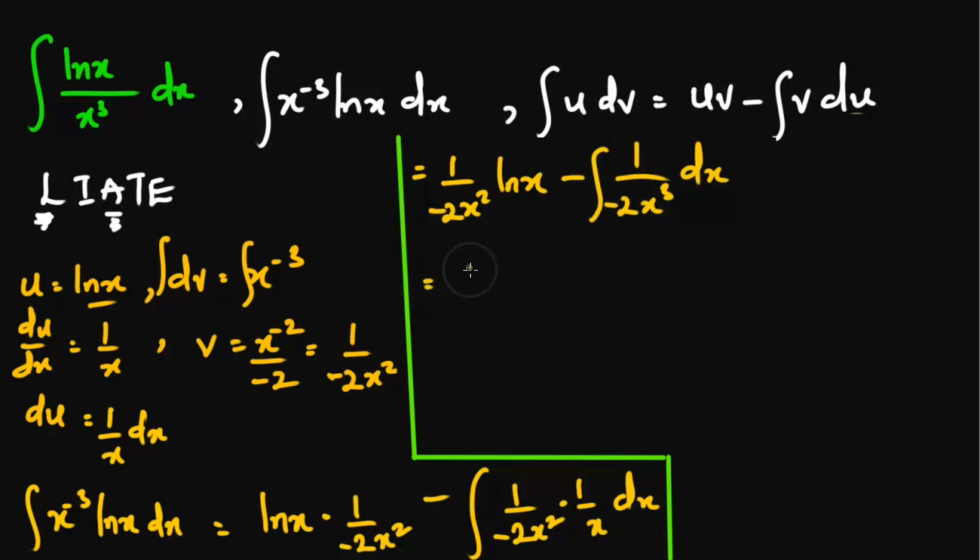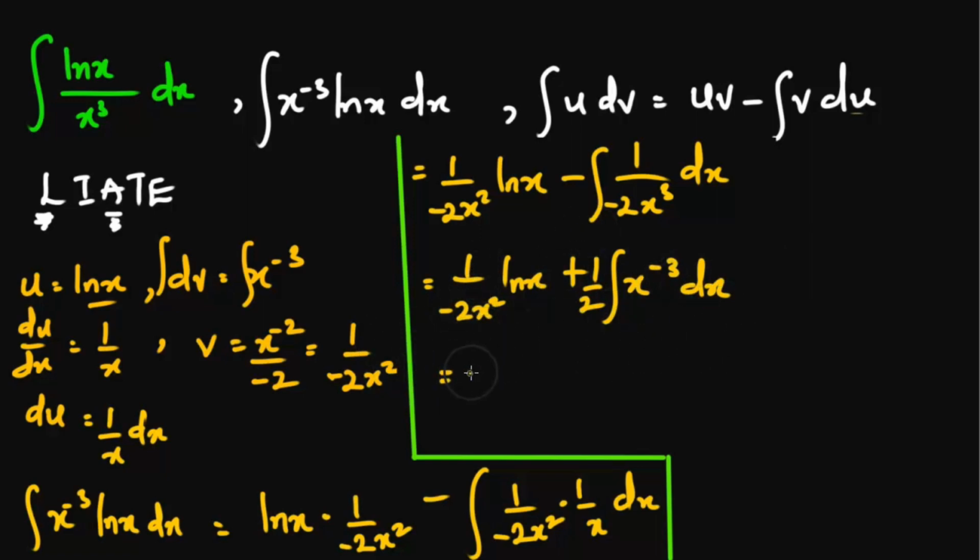So if we write it as 1 over minus 2x squared ln x minus the integral of x to the power, let's bring out 1 over minus 2, so we're going to have plus 1 over 2, minus times minus is plus 1 over 2, and then we are going to have x to the power minus 3 dx.